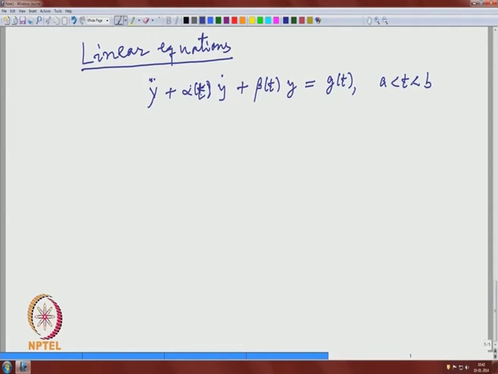And for simplicity, let me take the boundary conditions as y(a) equal to 0, y(b) equal to 0.